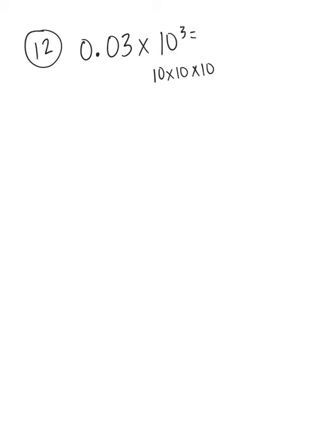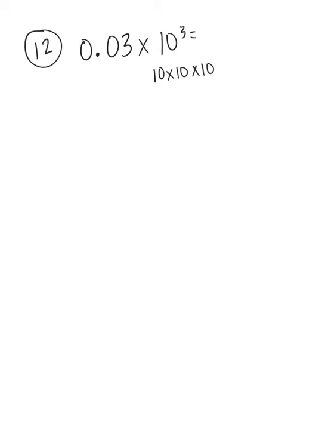All right, moving on to number 12. I have 300ths times 10 to the third power. And 10 to the third power, which you can also say is 10 cubed, is 10 times 10 times 10.